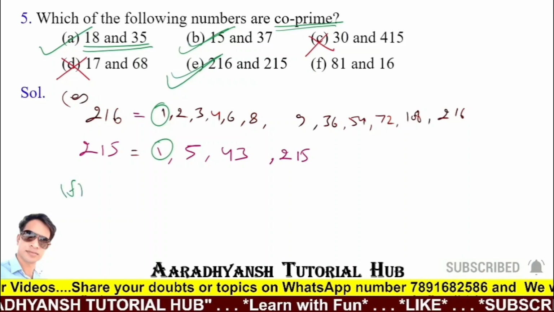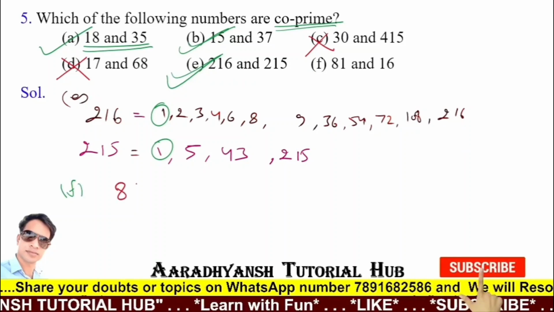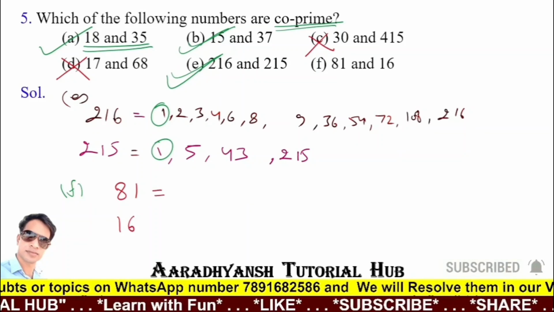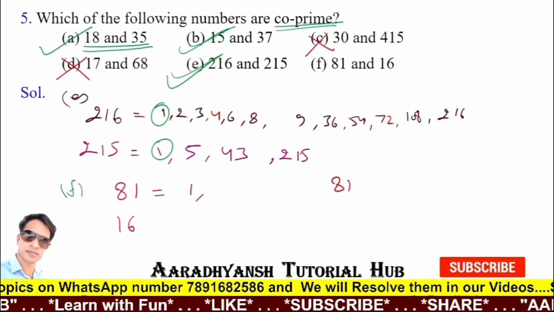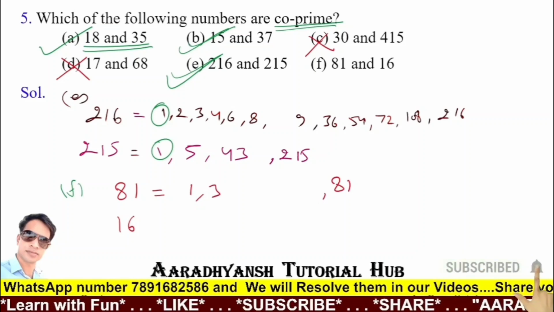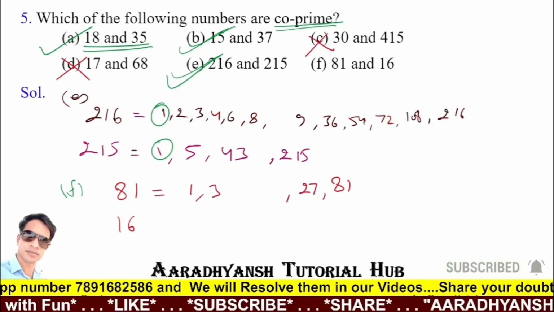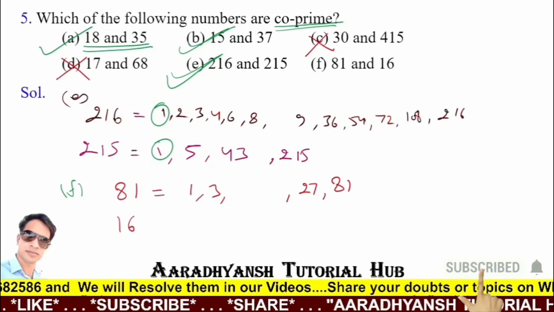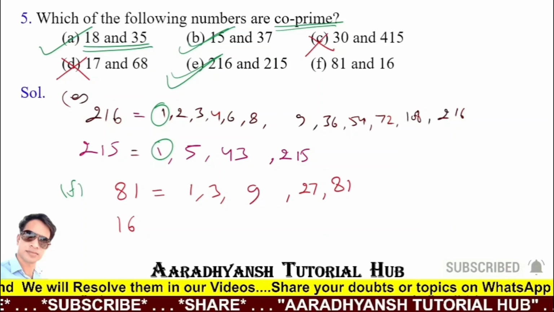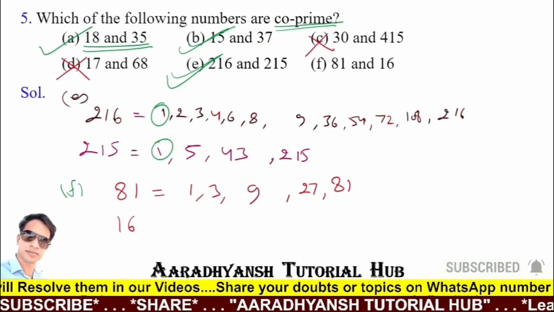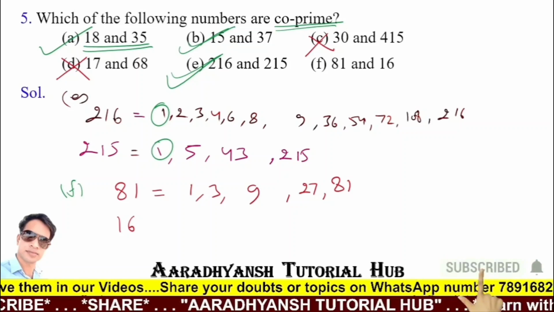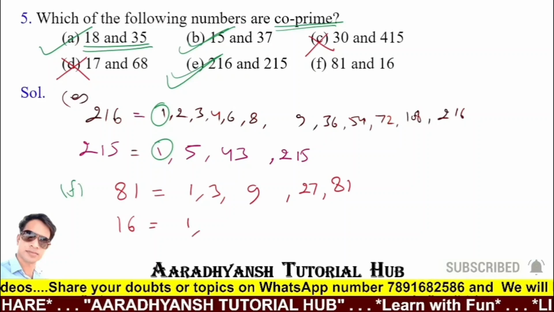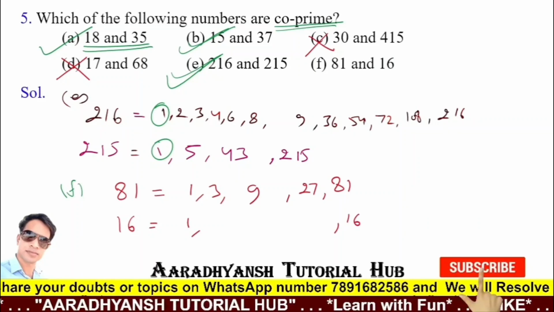And about F, 81 and 16. Factors of 81 are 1 and 81, 3 and 27, and 9. Okay, these are factors of 81, and factors of 16 will be 1 and 16.